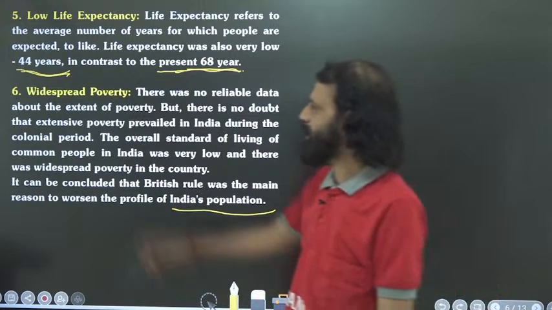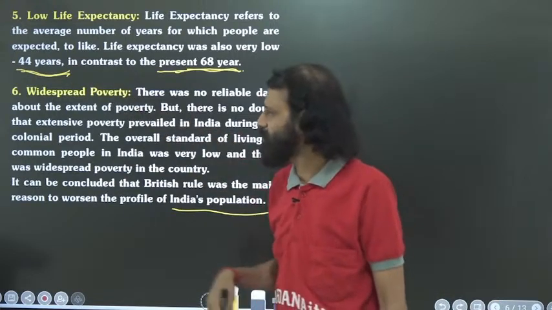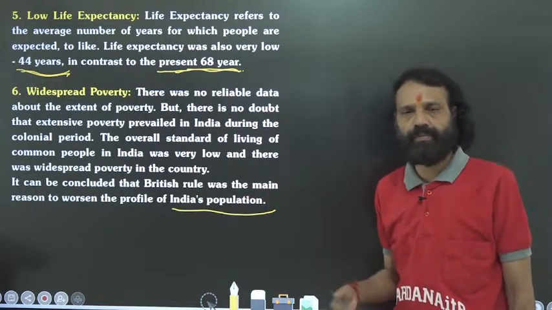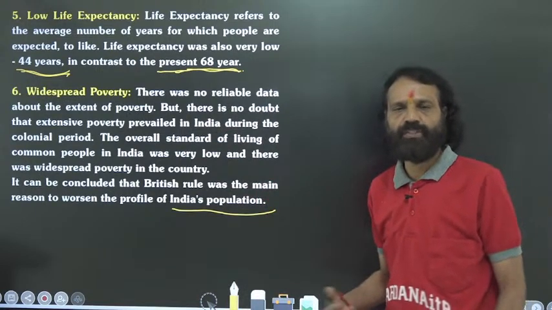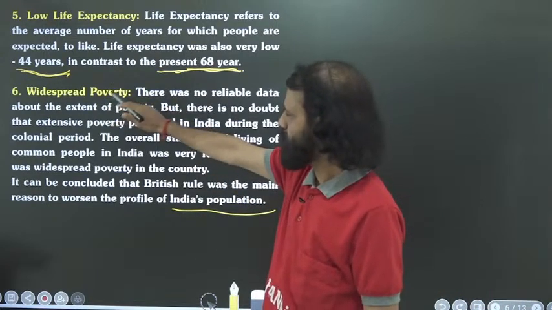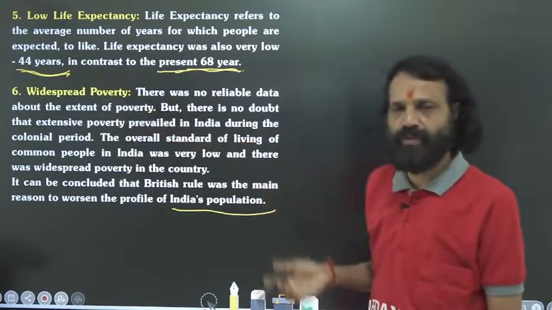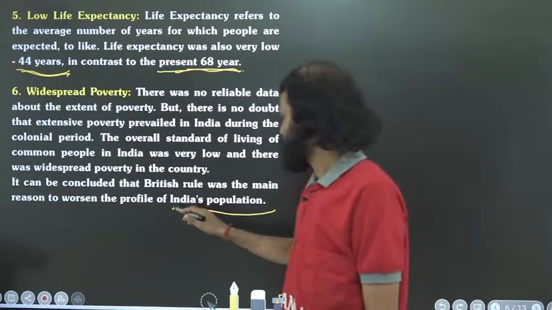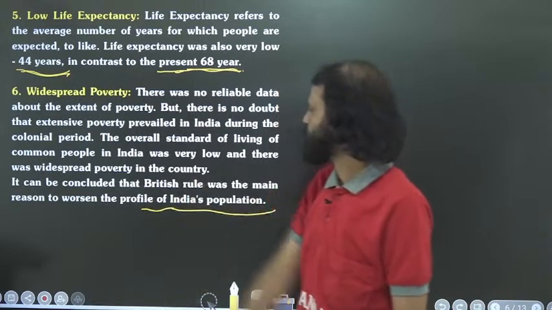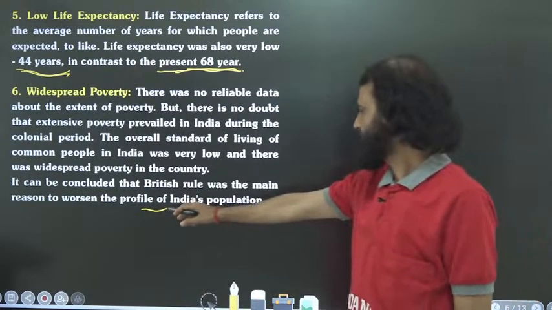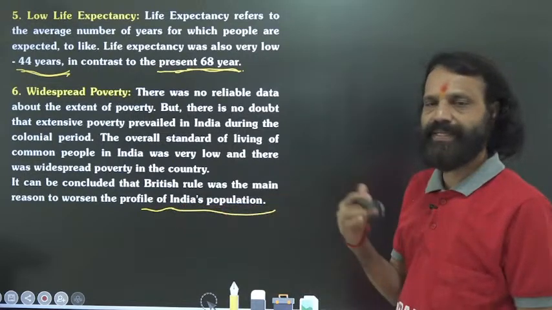Many people died at the age of 44 years, so in every family there were more children, because the death rate of newborn babies was very high. So more babies were born in every family. That is what made India's population very high.